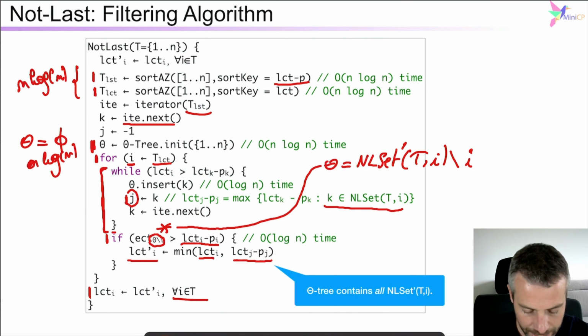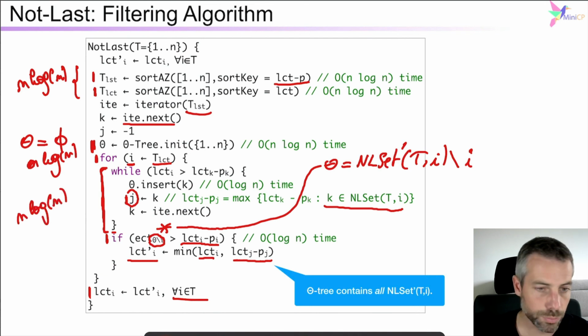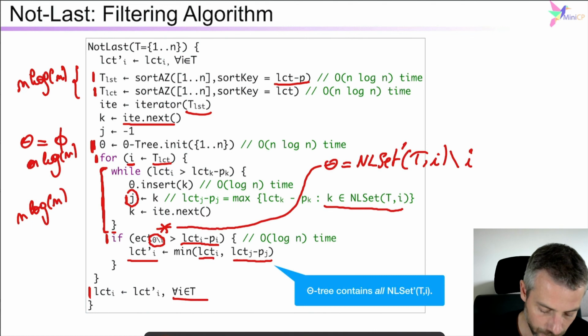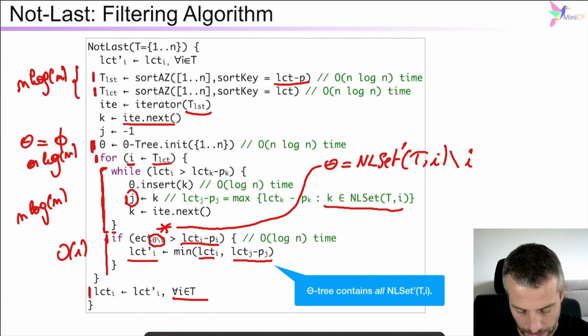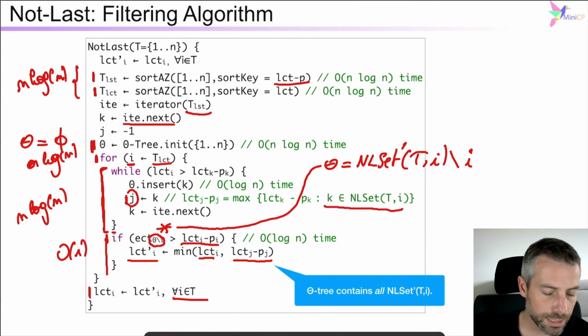Each activity will be inserted at most once in the theta-tree. So considering each activity and inserting them in the theta-tree, that's also n log n, because each insertion takes log n. Since we will do it at most n times, that's n log n. And this update you can do in constant time. So overall, this algorithm also executes in n log n.